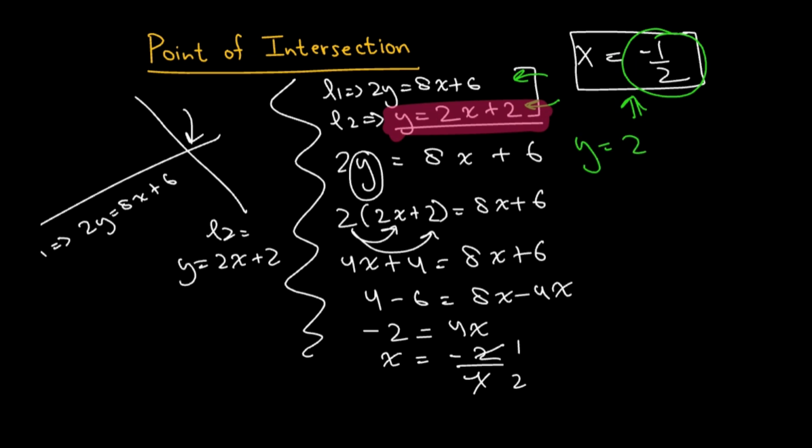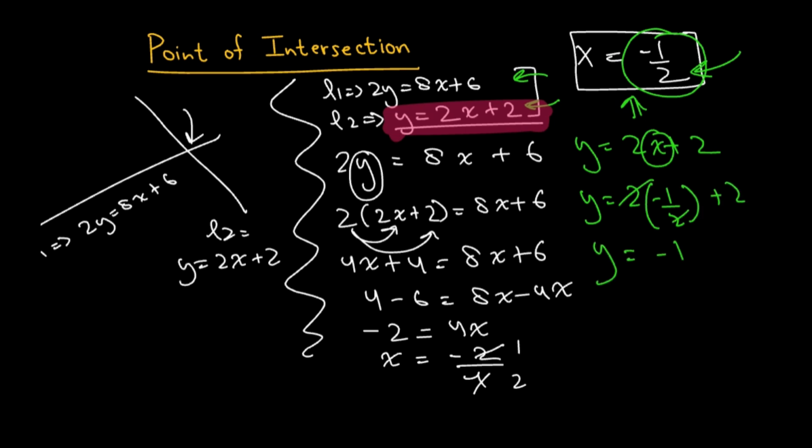Now for x, substitute -1 over 2. y equals 2 times -1 over 2 plus 2. So this will become y equals -1 plus 2. So y equals 1. So you have the coordinates of the point of intersection as (-1 over 2, 1).